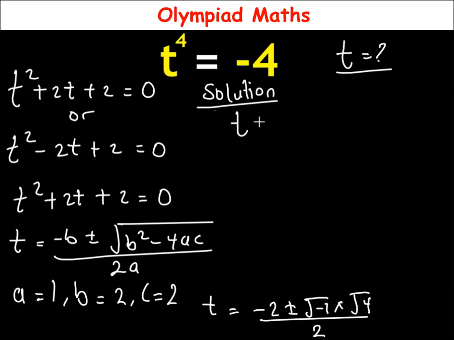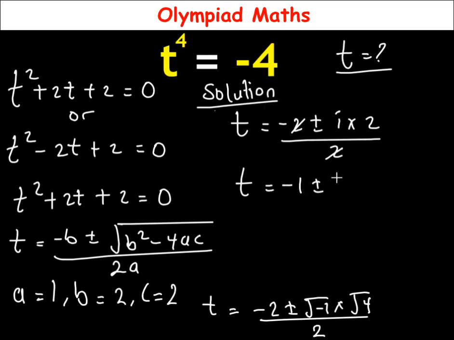From here, t is then equal to minus 2 plus or minus i times 2, since the square root of minus 1 is i and the square root of 4 is 2, all over 2. From here, 2 will divide 2. You have t is equal to minus 1 plus or minus i. 2 will also divide 2, you have times 1, and i times 1 is the same thing as i.